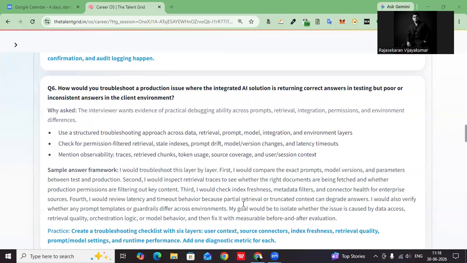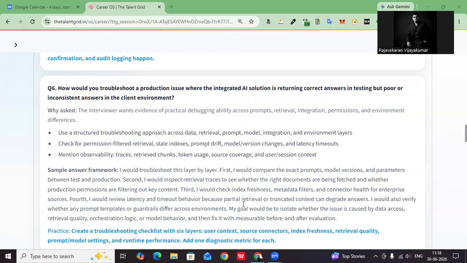We have implemented proper error logs and audit trail, and with that I will compare the testing results with the client environment results. Is there any difference in the results? Then, have we deployed the proper versions: the model version, the prompt version, and the data?